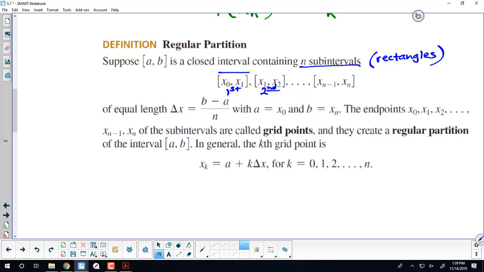The endpoints, the boundaries of each rectangle, are called the grid points, and they create a regular partition on the interval AB. In general, the kth grid point is given by this formula: x sub k is a plus k times delta x, for k equals 0 all the way to n. So x sub k gives us the boundary of each rectangle, which gives us each subinterval.